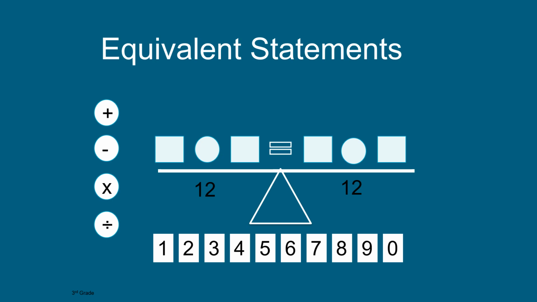Let's practice making equivalent or equal statements. Take a moment to make two different statements that both equal 12 for both sides of my balance. You may use any of the numbers or operations as long as both of your statements are equal to 12.